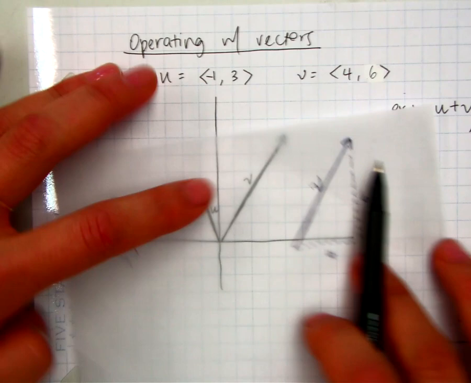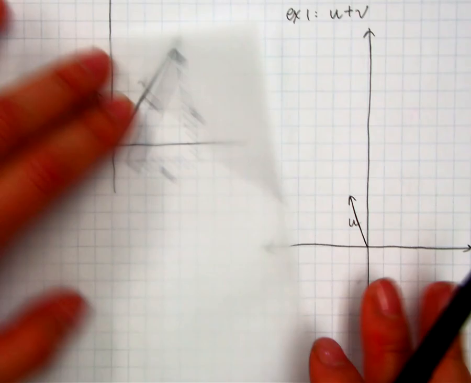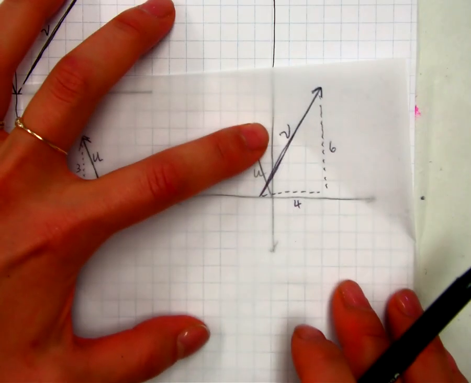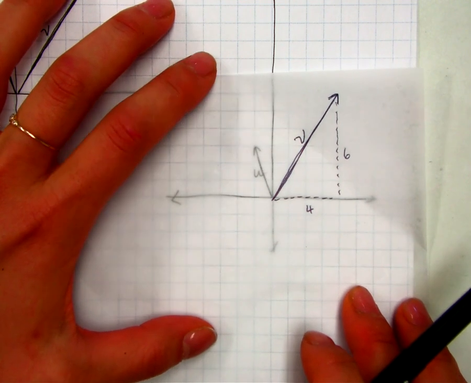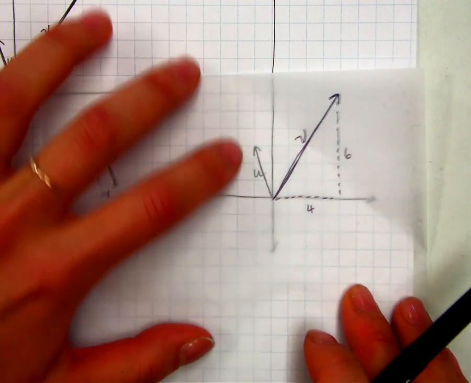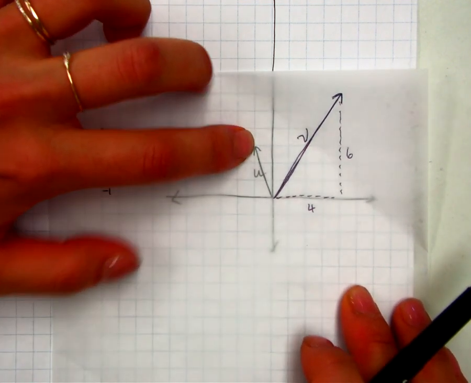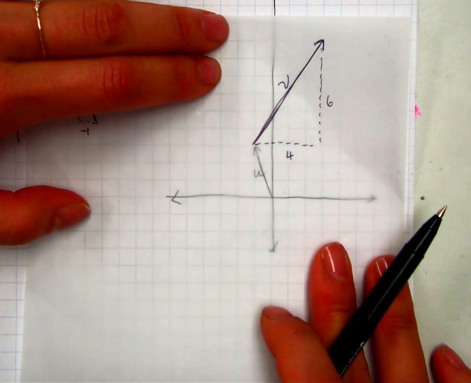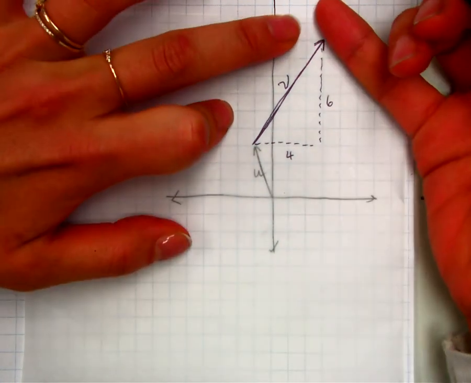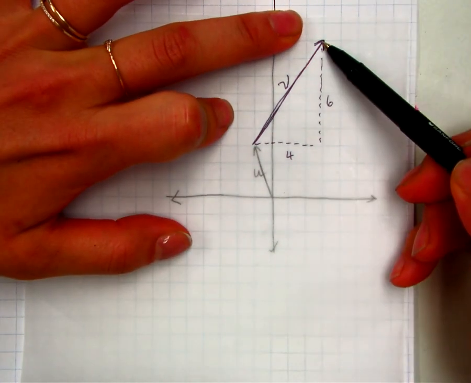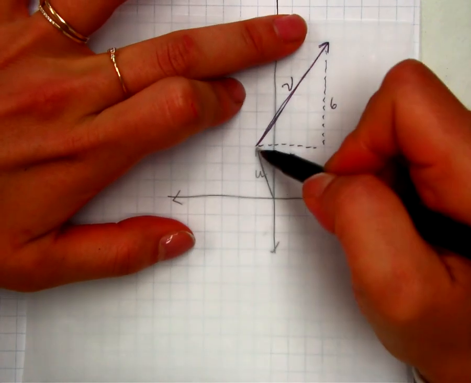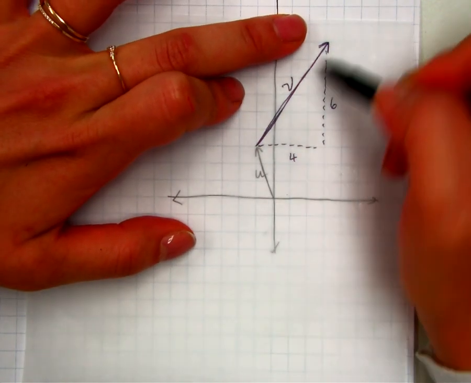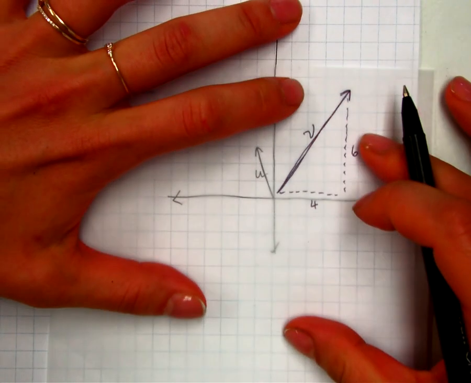So the v that used to be here, that's the same no matter where I move it. V used to be here. But my v I can really place anywhere. So where the last vector ended, I'm going to start it there, and I'm going to push it all the way over this way. Okay? So v, I'm going to move over 4 and up 6 to create my shifted v.